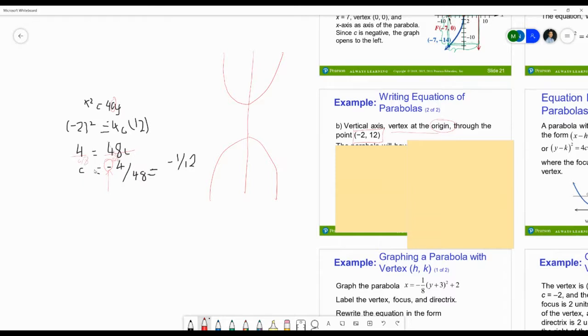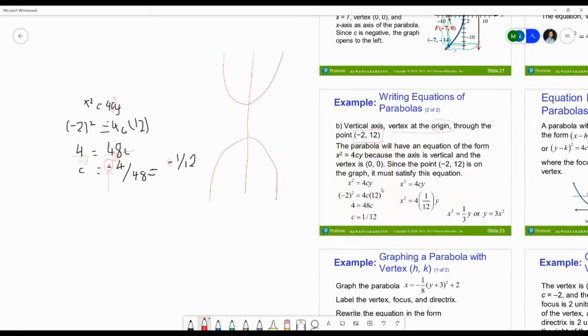You're dividing, not subtracting, so this should still be positive. Okay. There we go. We got x squared is equal to positive 1/12 y. I'm sorry, y. I keep mixing those two.